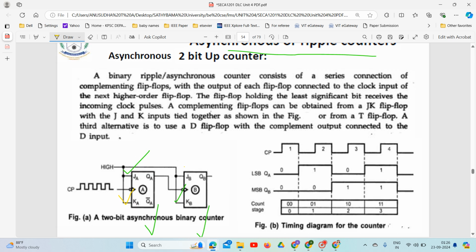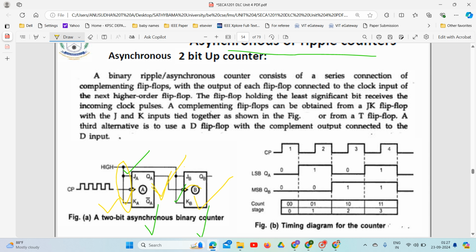The first flip-flop is triggered by the global clock signal, but the second flip-flop is triggered by the output of the first flip-flop. This is the main difference when compared to the shift register also.